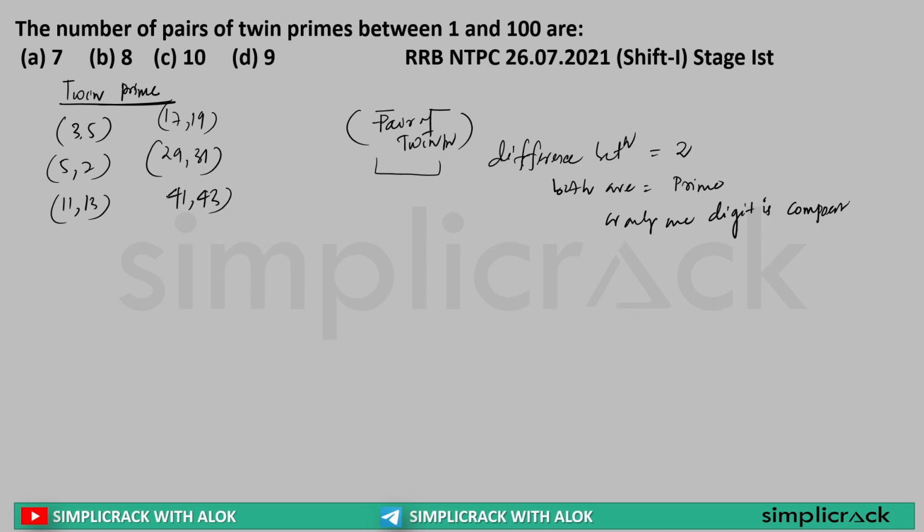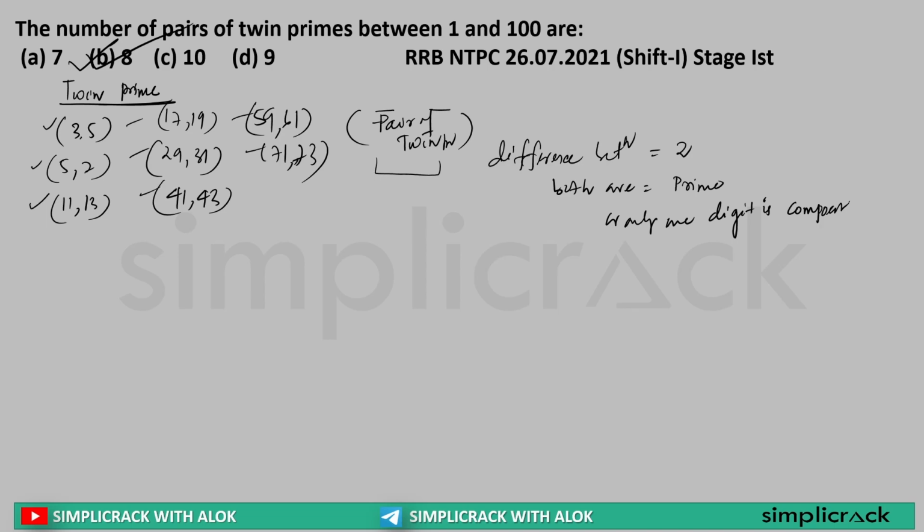41, 43 twin prime numbers, 59, 61 twin prime numbers, 71, 73 twin prime numbers. After that, nothing else. So how many pairs are there within 1 to 100? 1, 2, 3, 4, 5, 6, 7 and 8. So the answer is option B. Clear? Yes or no?